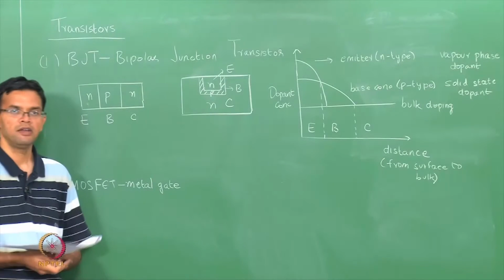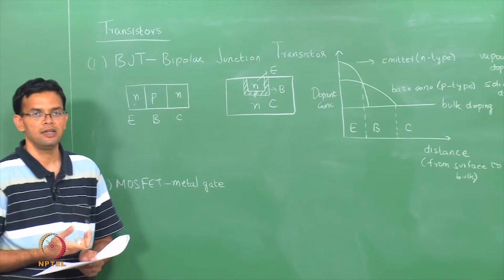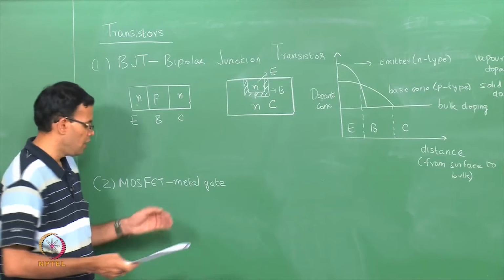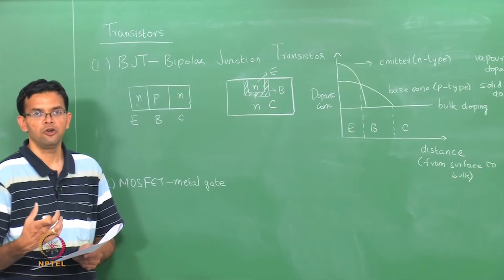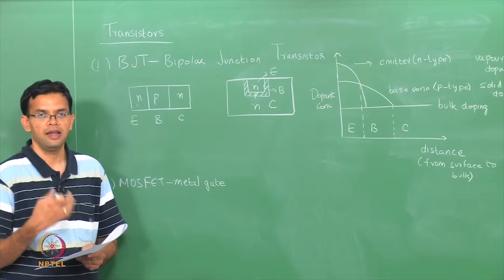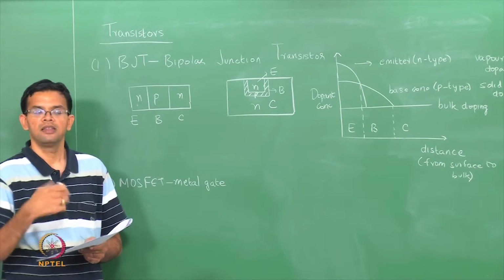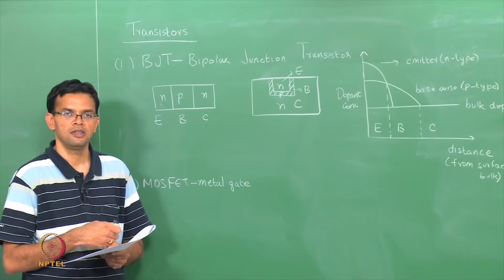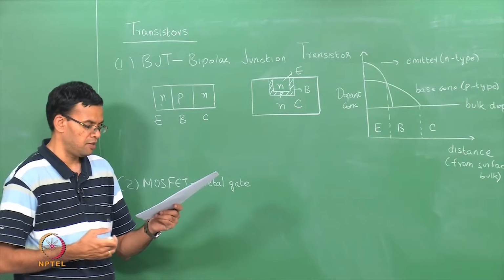We saw earlier that you can replace your metal gate by a polysilicon gate, but the manufacturing process is slightly different. If you have a metal gate, the gate is essentially deposited at the end. The source and drain are first fabricated and then the gate is fabricated. On the other hand, if it is polysilicon, the gate is first fabricated and then the source and the drain.